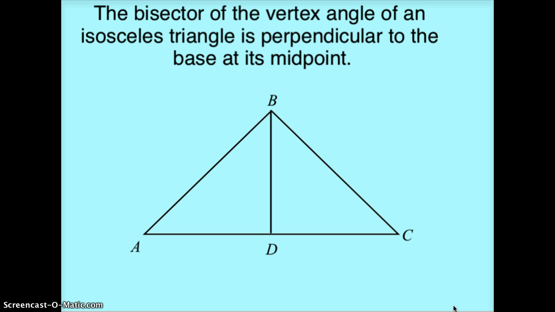And then using CPCTC, I should be able to prove something about angle BDA and BDC. Before you start doing the notes on the note sheet and doing those problems, I would like you to complete a proof for this particular corollary.